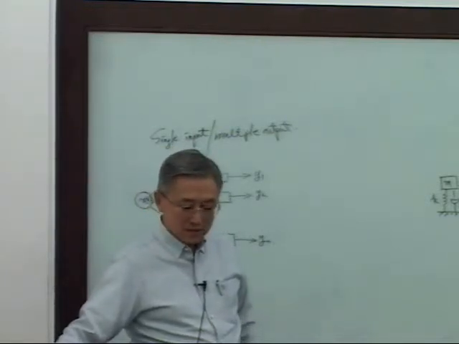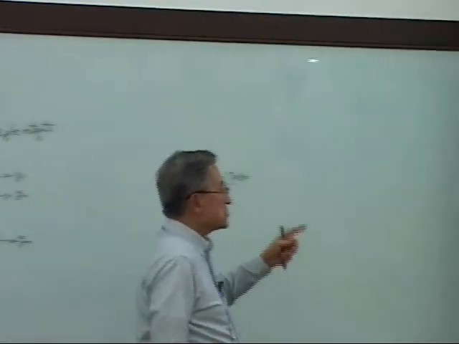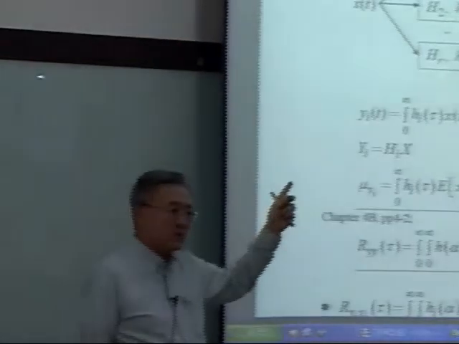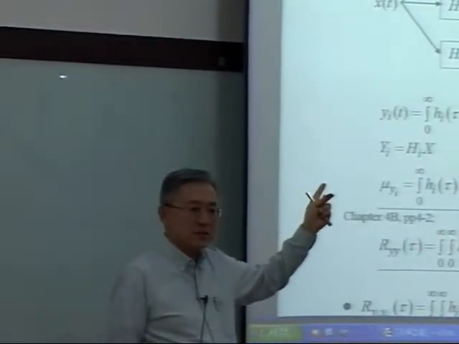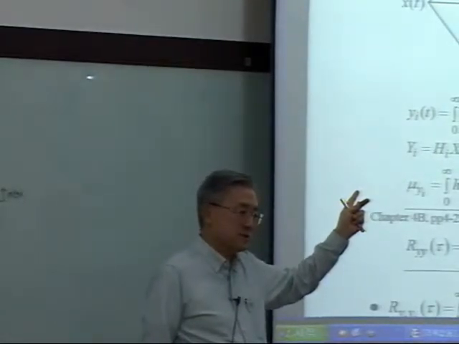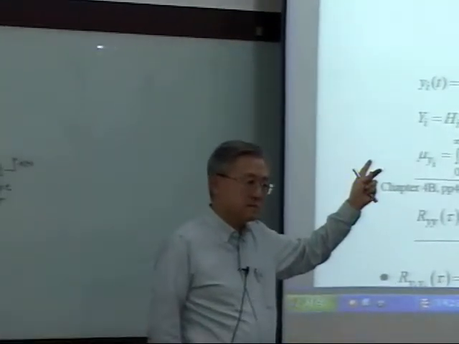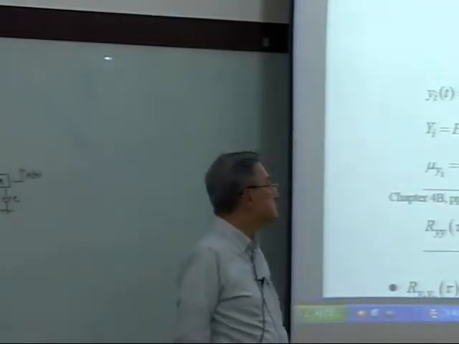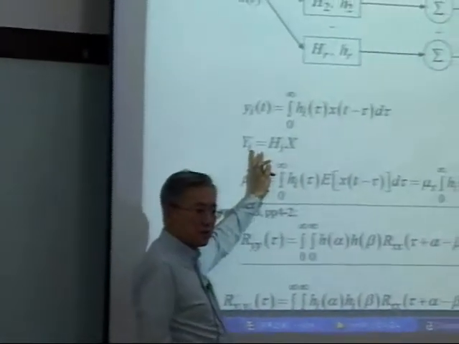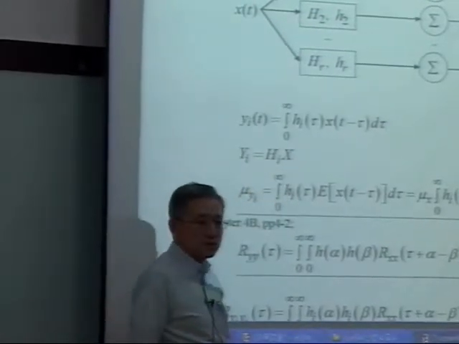Look at this diagram. Take a look at the expression for yi is equal to that. What do you call this relation? Convolution integral. In Fourier transform domain, yi is equal to hi times x, right?